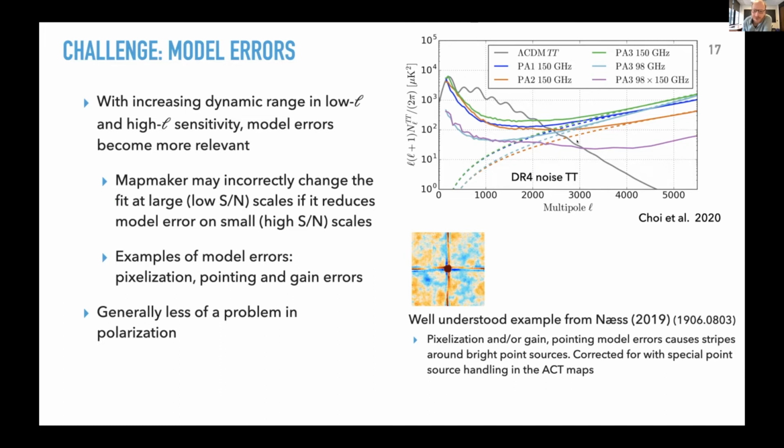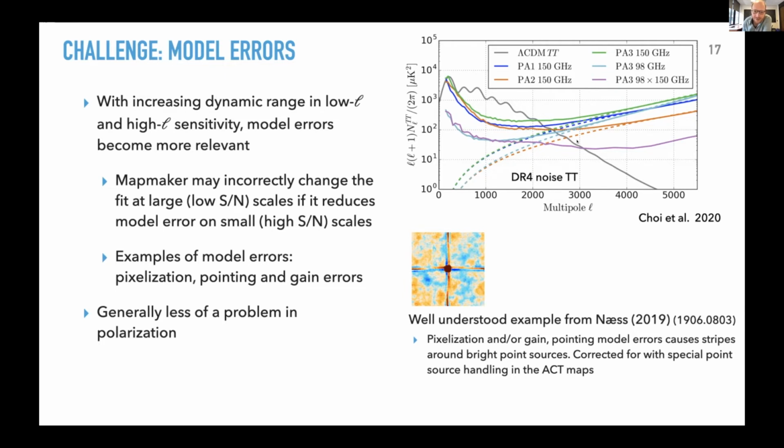One example is, think of a large gradient in the CMB that on small scales, due to the pixelization, gives small model errors. Because of the difference in signal to noise on large and small scales, MapMaker is very happy to sacrifice the large scale fit in order to make the small scale fit better.